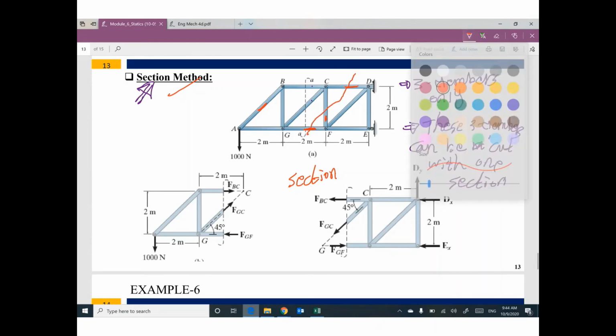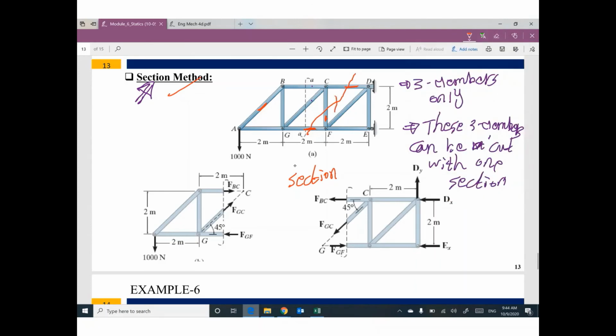Will not work. Your section must intersect the 3 members only. Guys, can you intersect this member and this member and this member only with one section? No way. If you try to cut like this, no way. You have to cut another member, this one. So that doesn't make any sense.